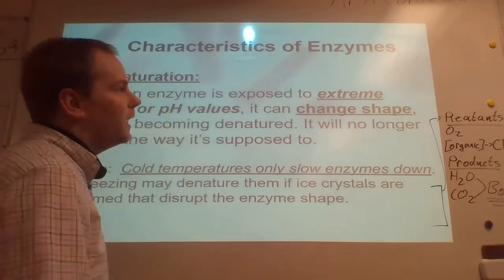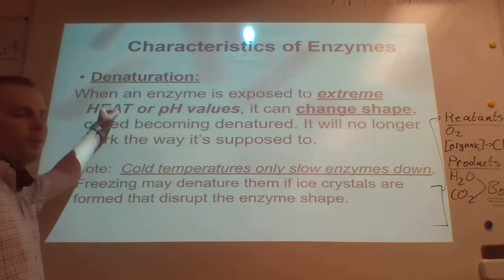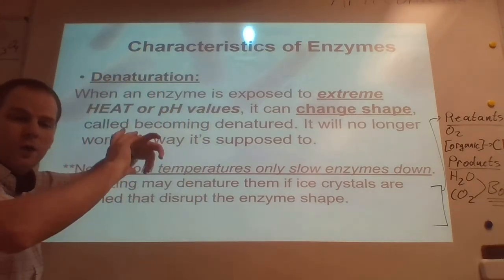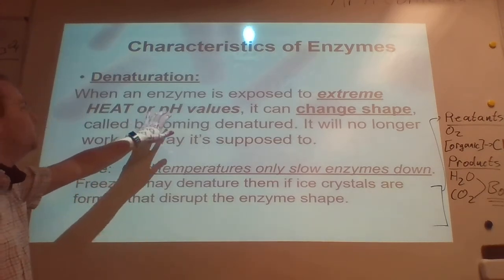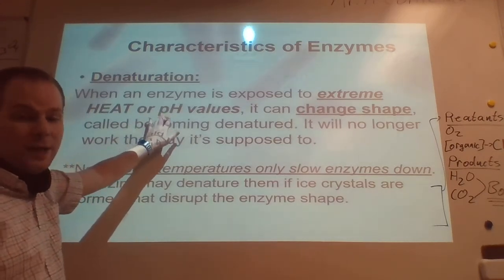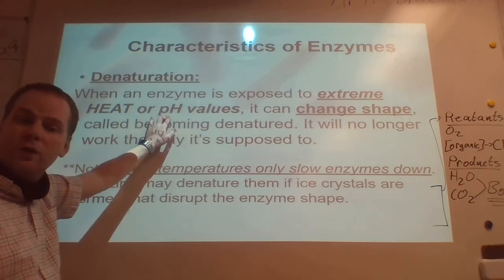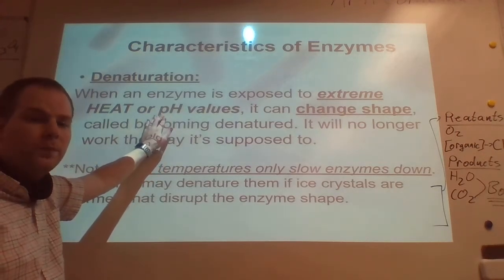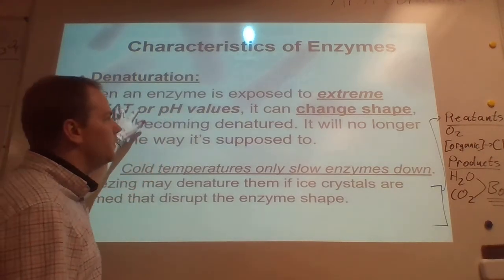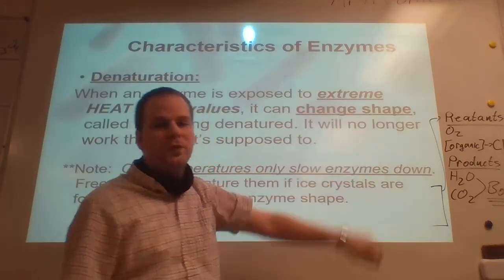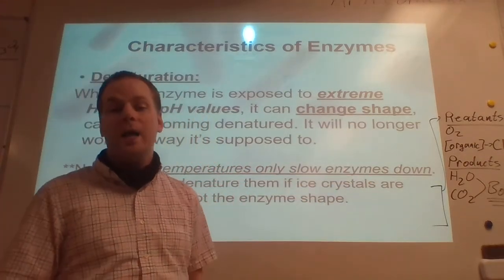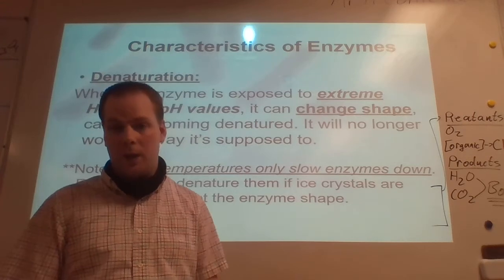A denatured enzyme has been heated up to the point where it has warped, or it has been exposed to the incorrect pH, which has caused it to dissolve or break down in some way. And what this ultimately means is that its shape has been changed to where it cannot bind with what it's supposed to bind with anymore.